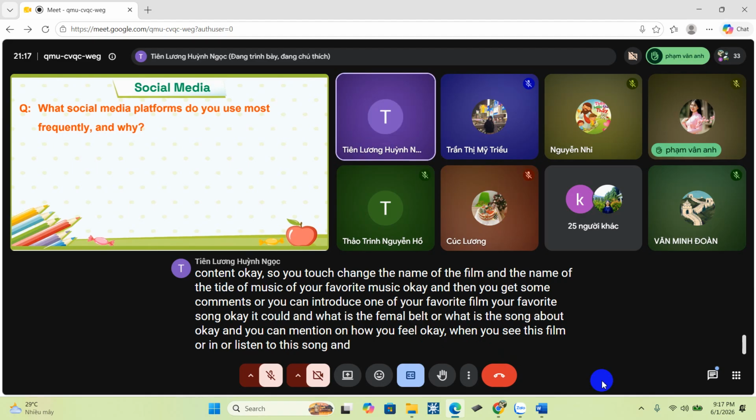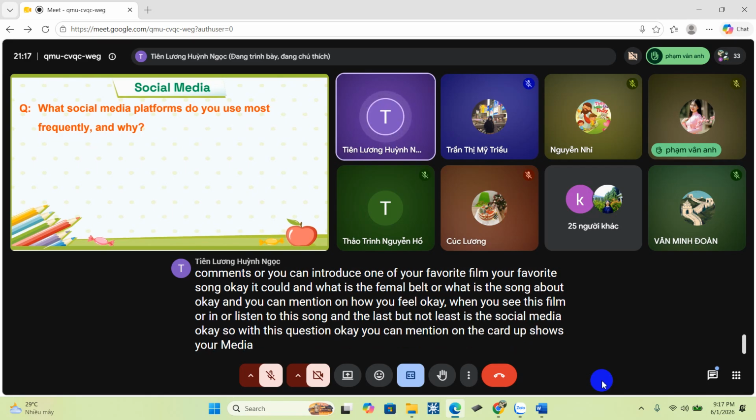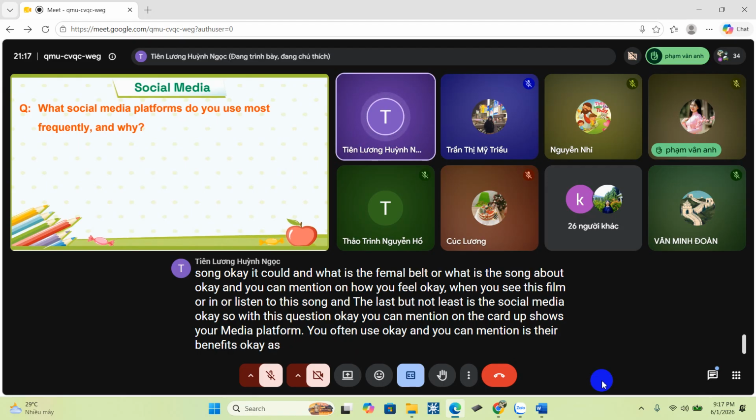And the last but not least is social media. With this question, you can mention the kind of social media platform you often use, and you can mention its benefits, some advantages.